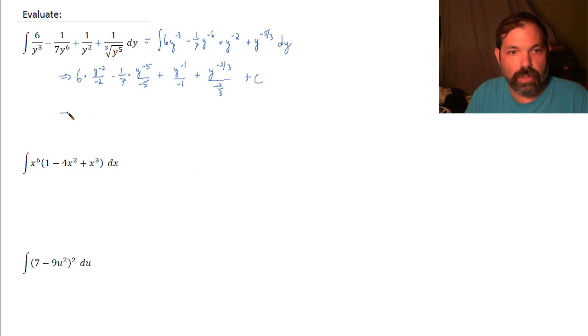So then this gives us, let's clean this up a little bit, negative 3 y to the negative second plus 1/35 y to the negative fifth minus y to the negative first minus 3/2 y to the negative 2/3 plus a constant. And there's the antiderivative.